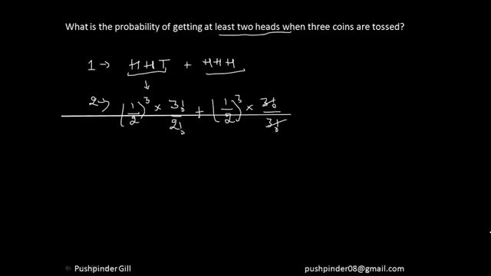So this is our answer here: 1 by 8 into 3 plus 1 by 8, which is nothing but 3 by 8 plus 1 by 8, that is 1 by 2.